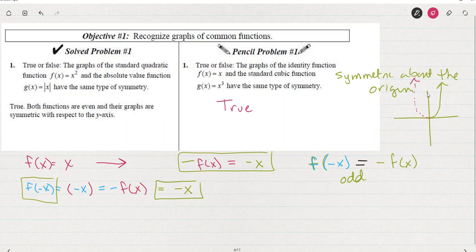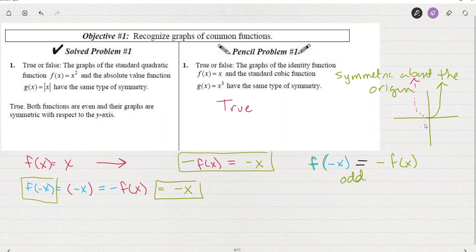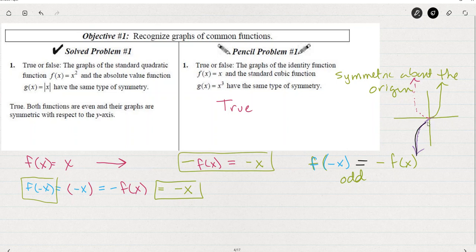So if I fold on the y-axis, and now I'm going to take that and fold it again on the x-axis, and the reflection would be here. So what I'd say about this function, by this function I mean this whole function, is it's symmetric about the origin.